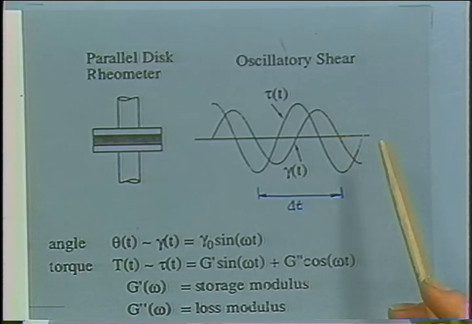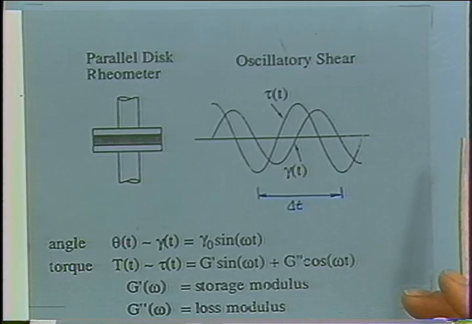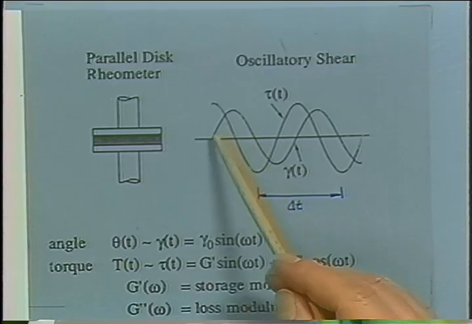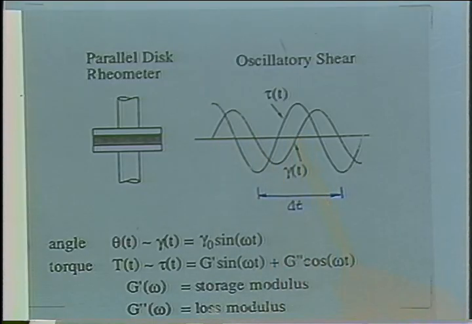So the overall deformation of the material is very small, but still we are deforming the material during the cycle time, and we are observing relaxation phenomena on the length scale which corresponds to the time scale of the cycle.